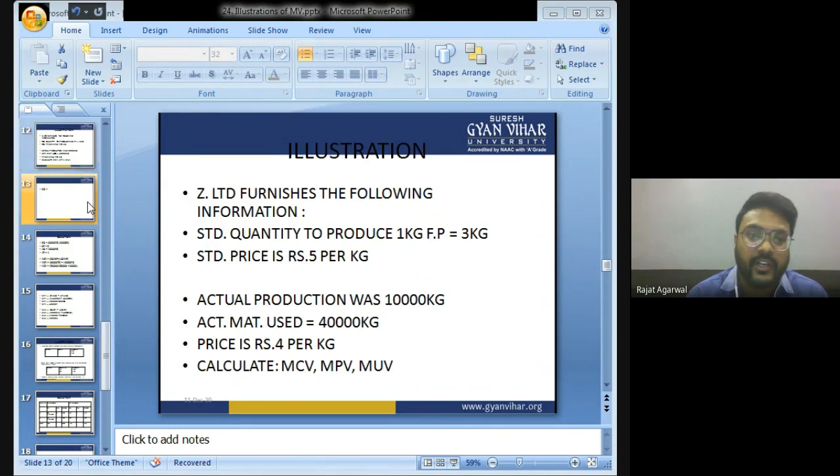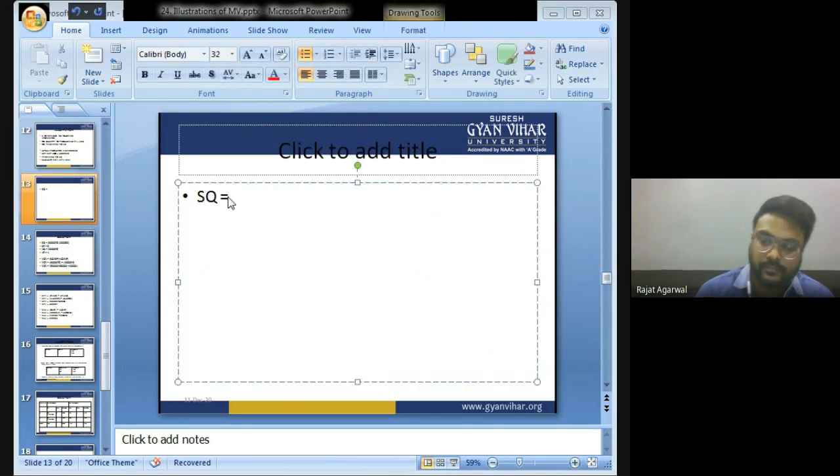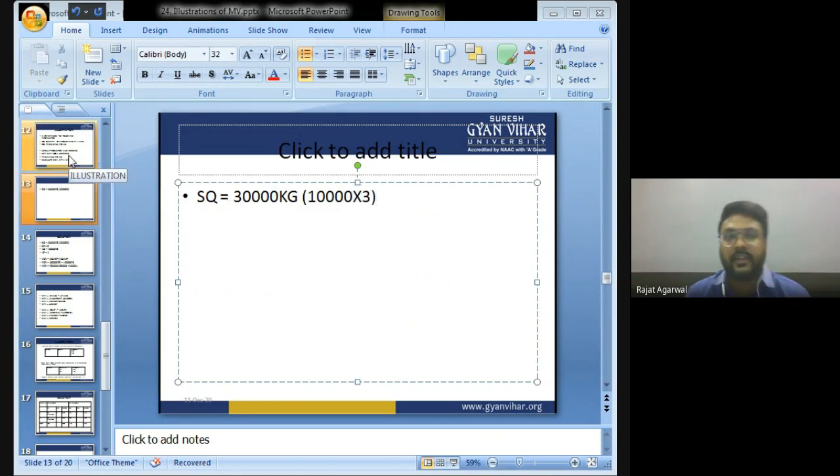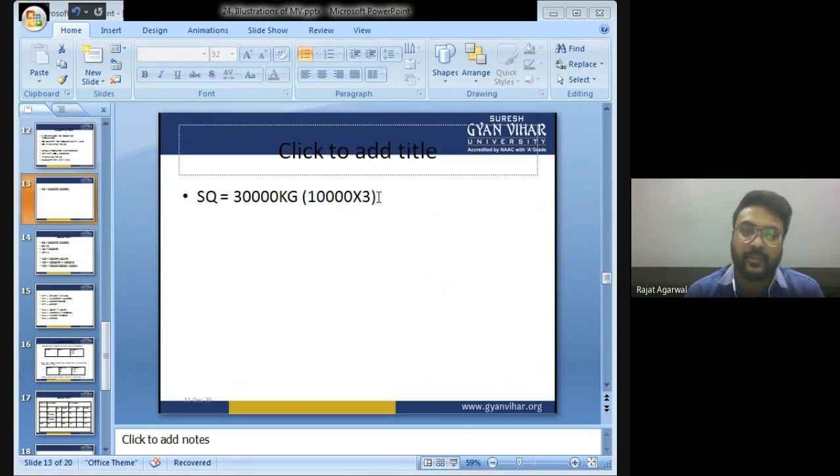So standard material requirement is 30,000 kg.